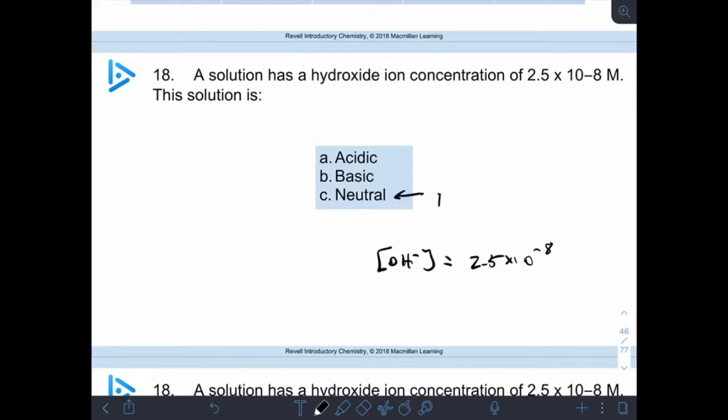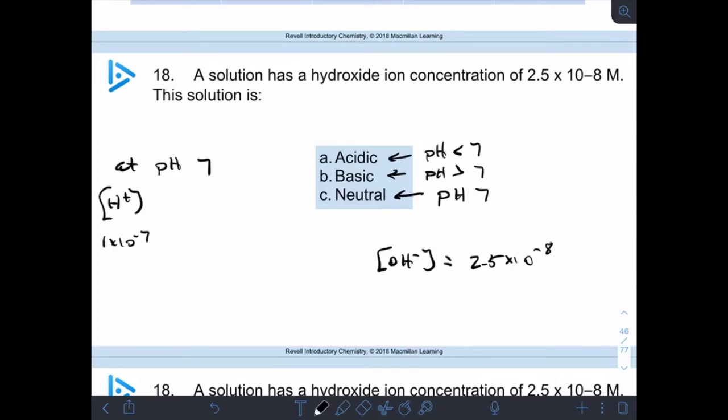At neutral, that's pH of 7. Acidic is pH less than 7, and basic is pH greater than 7. At pH 7, my H plus is 1 times 10 to the minus 7, and my OH minus is also 1 times 10 to the minus 7.